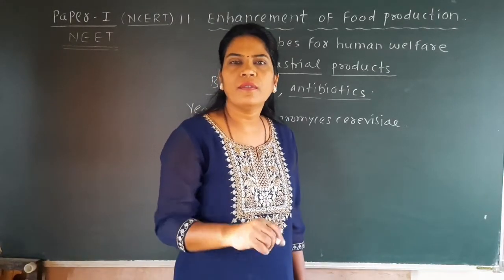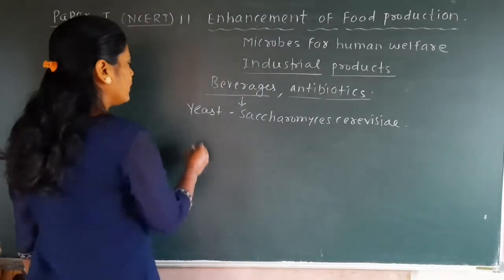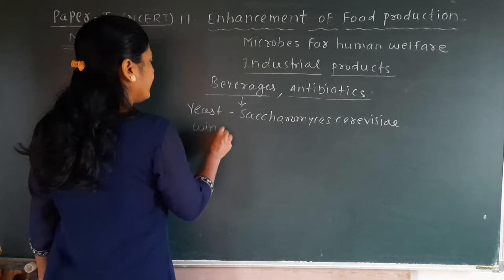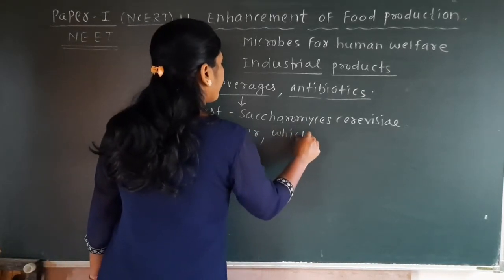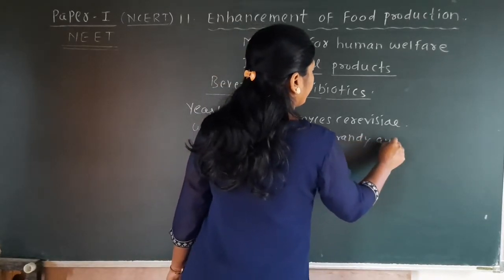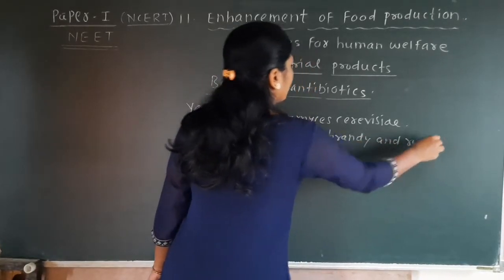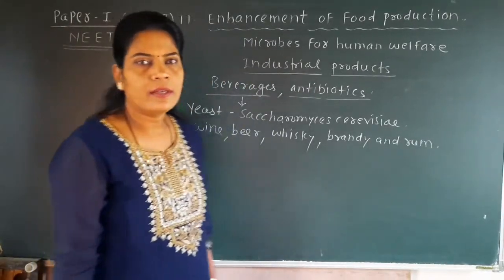Okay, so this is the first thing. Second thing is which beverages are produced. Those are wine, beer, whiskey, brandy and rum. These are the names of beverages which are produced at the industrial level.